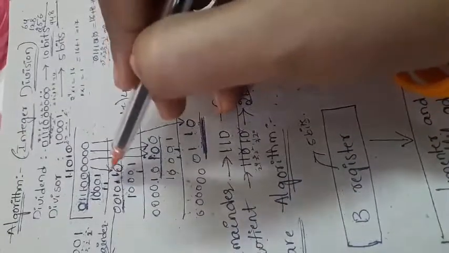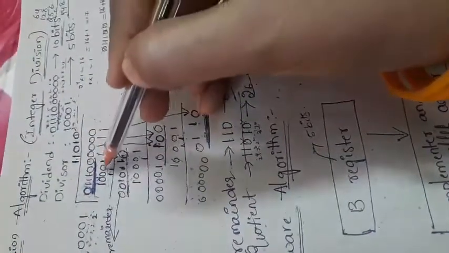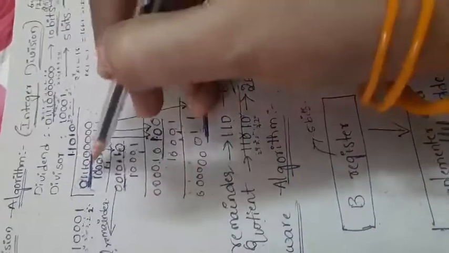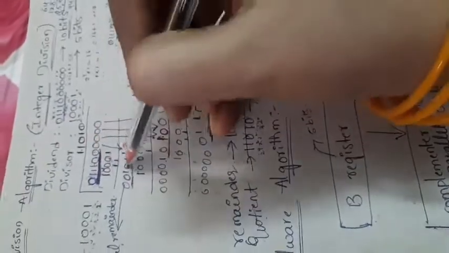So subtract the divisor from the first half of the bits of the dividend. Half of the bits is nothing but the first 5 bits, so the divisor will be subtracted from the first 5 bits of the dividend. For that subtraction, generally we are considering 2's complement.